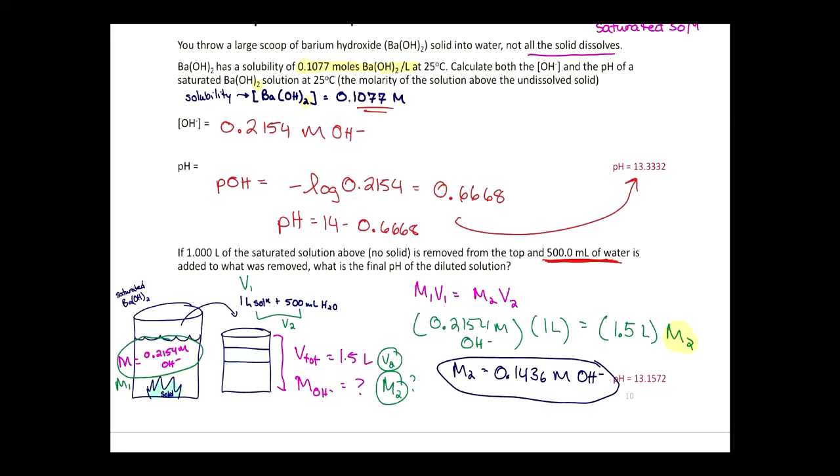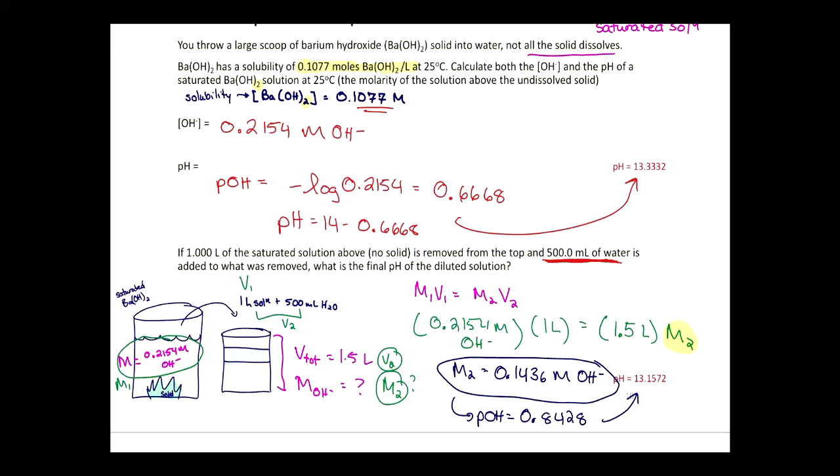We need to do our pOH-pH calculation again. So if you do the pOH calculation, so negative log that number, you will get 0.8428. And so if you subtract that from 14, you should get a pH value of 13.572.